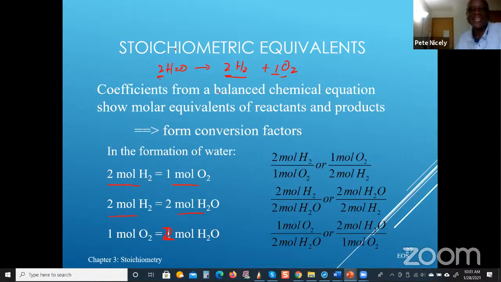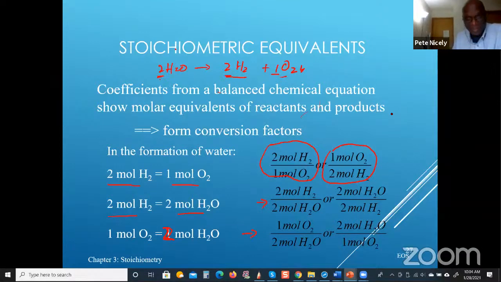So we can say that, for example, the mole ratio between the hydrogen and oxygen can be expressed as this conversion factor right here. 2 moles of hydrogen to 1 mole of oxygen, or 1 mole of oxygen to 2 moles of hydrogen, all right? And we can see that we have similar relationships here and here for the 2 other relationships.